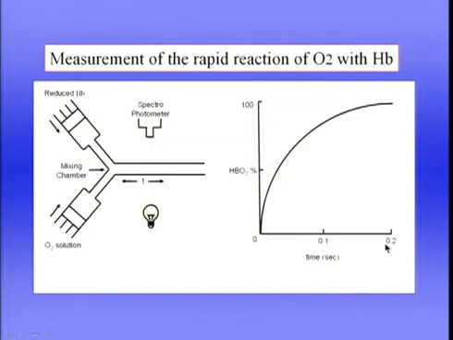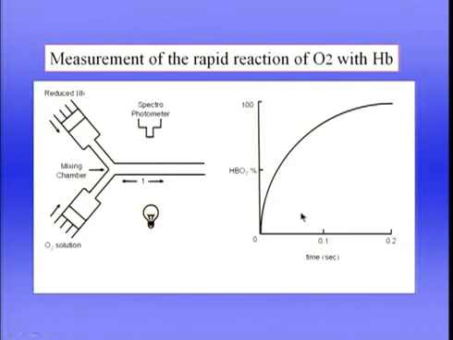Now you can see we're well on the way to finishing the process in 0.2 of a second. So everything happens pretty fast, but things happen extremely fast in the pulmonary capillary as well. And the upshot is that this reaction time turns out to be a factor in the uptake of a gas.